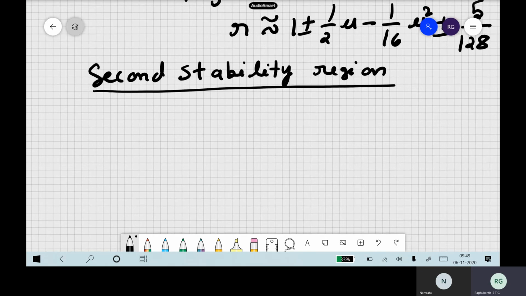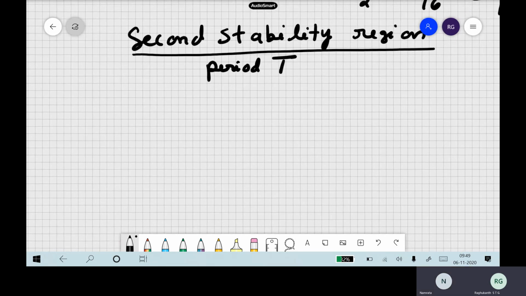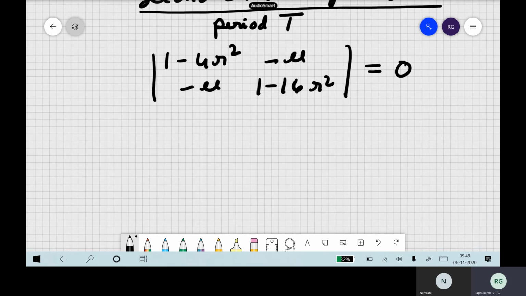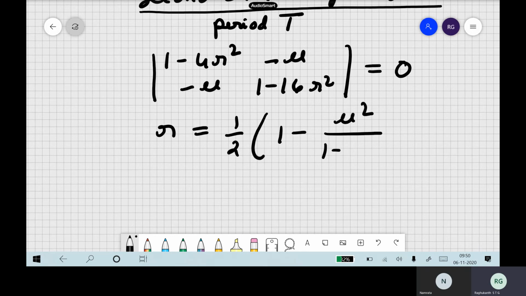So here you have to do period 2, that is T. First order approximations: 1 minus 4 times R square, then minus mu, then minus mu, 1 minus 16 times R square, equals 0. So you solve here also. So R becomes, you can approximate finally, half times 1 minus mu square by 1 minus 16 times R square.